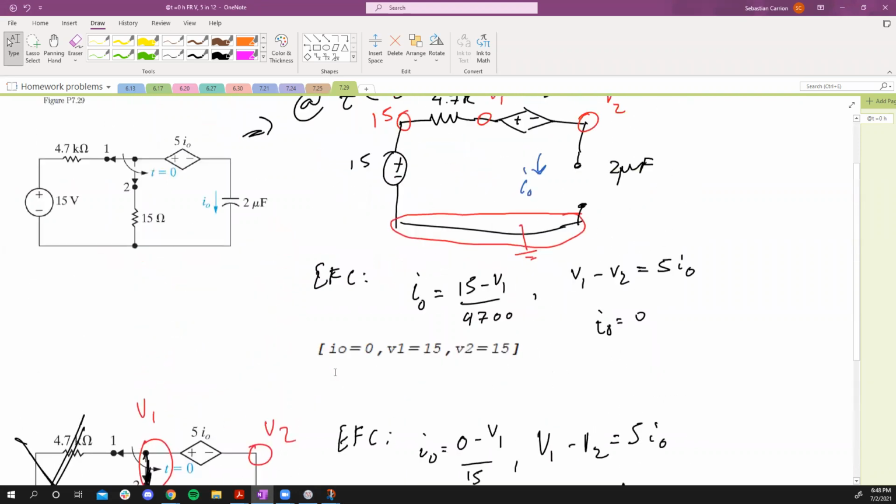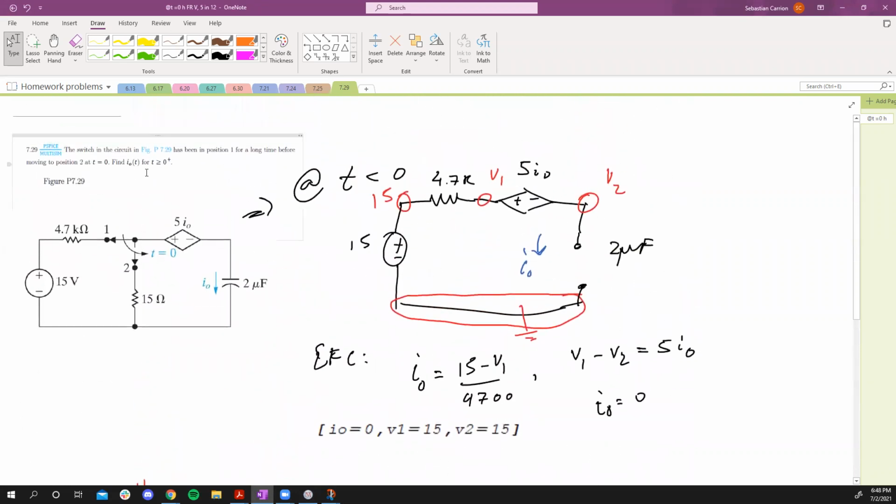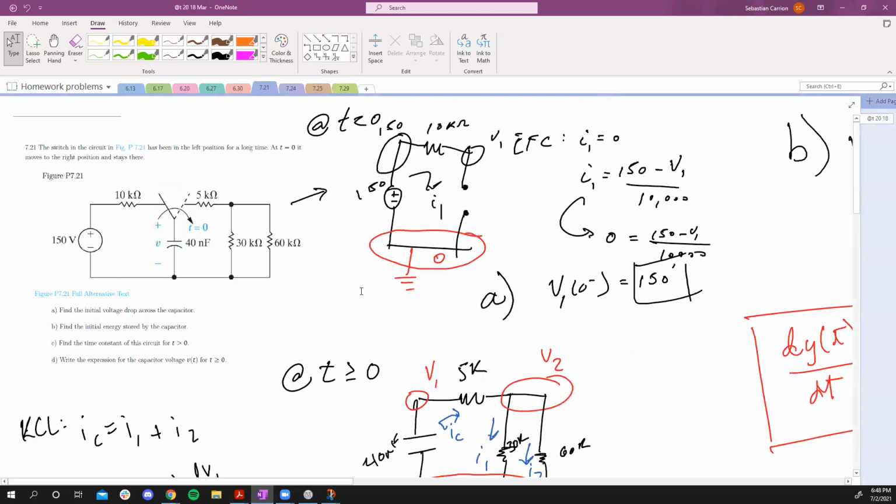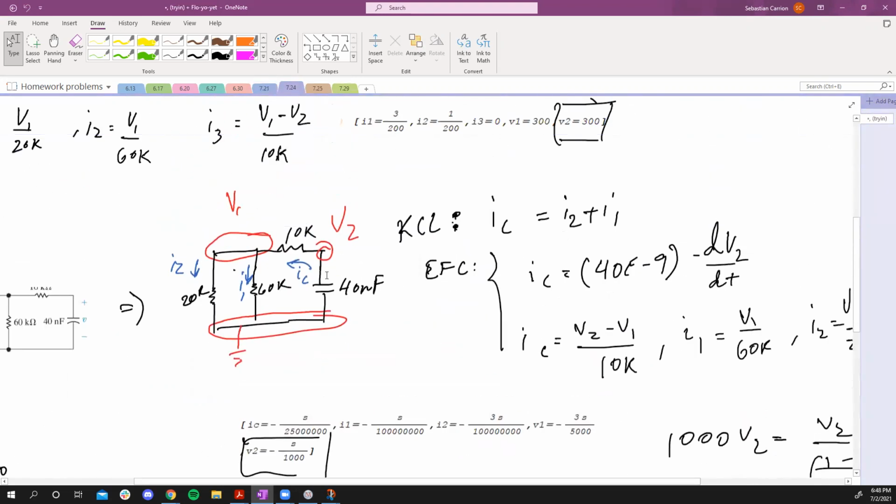Cool. So it's asking us to find i0 for t greater than 0, right? We should approach this with V2, because our equation wouldn't look right if we approached it with i0 immediately.